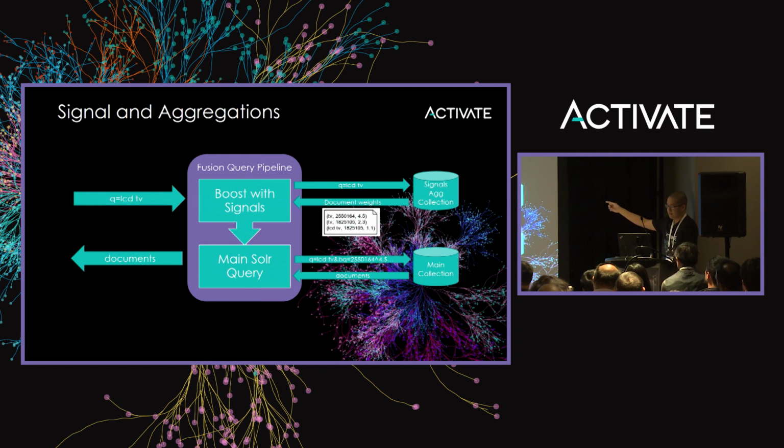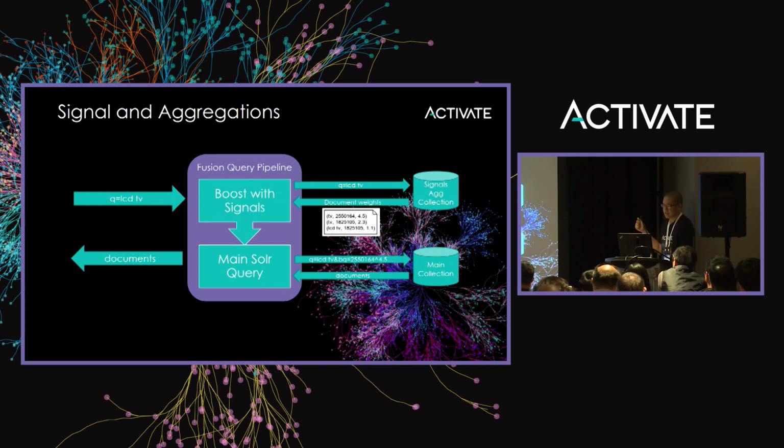This is basically populated by a job that aggregates all raw signals by query and doc ID and assigns each a weight. And it's going to have a time decay factor, so that clicks that occurred a couple months ago won't be worth as much as clicks from last week.